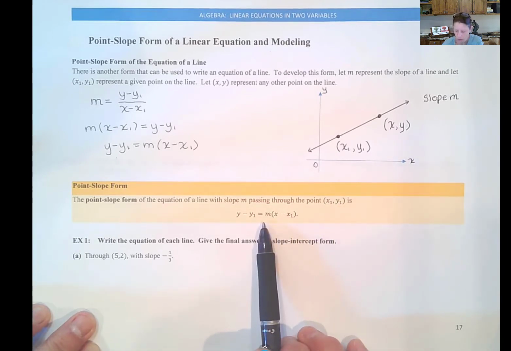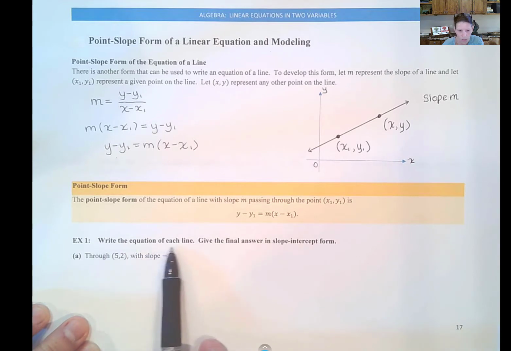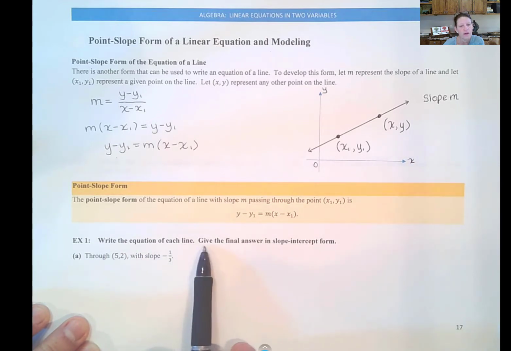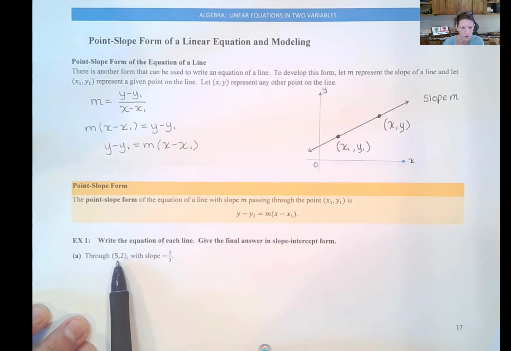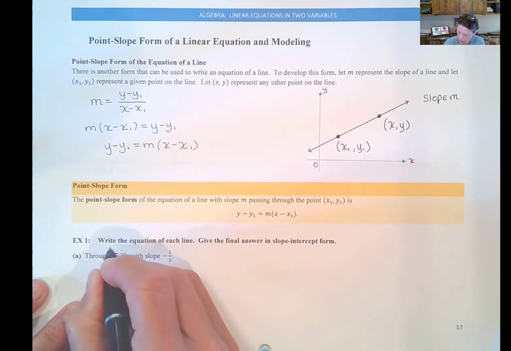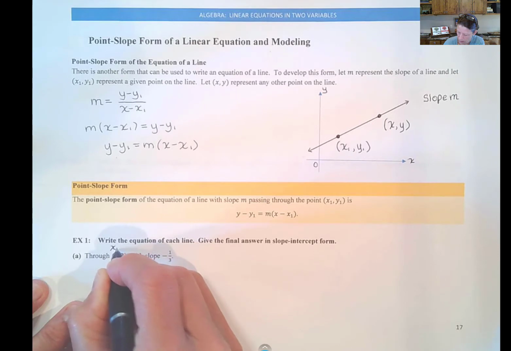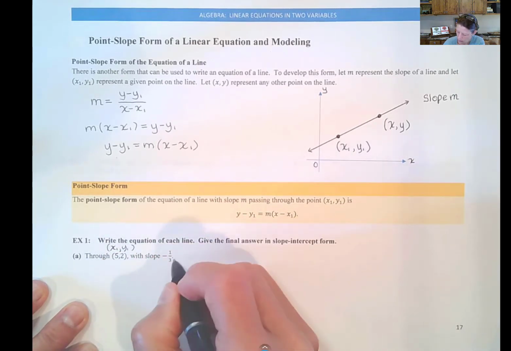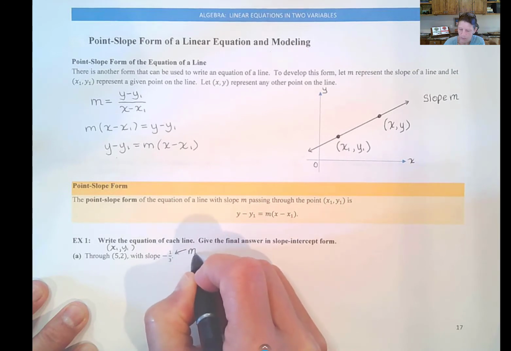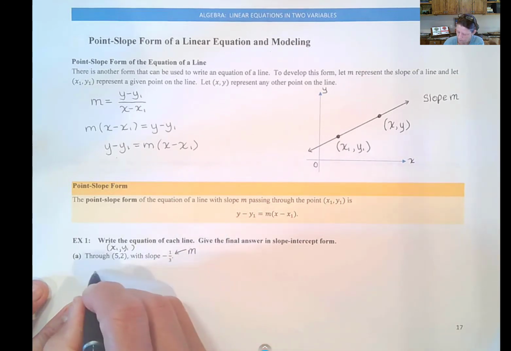Now let's use this equation to write the equation of each line, and we're going to give the final answer in slope-intercept form. So the point that we know, which we'll call x sub 1, y sub 1, is 5, 2. And our given slope is negative 1/3.